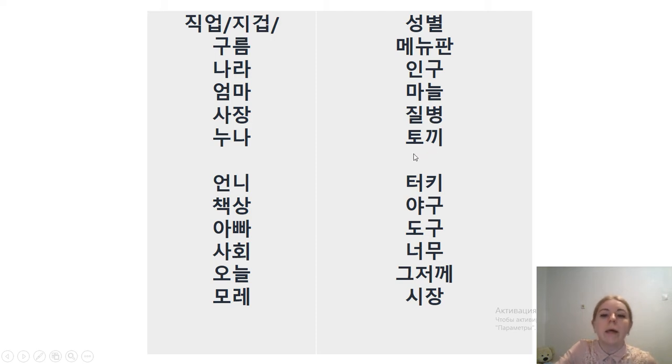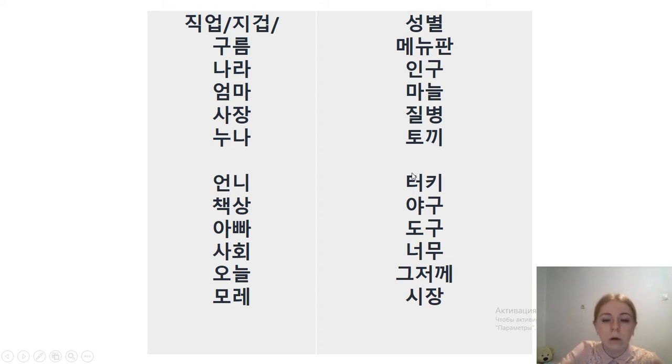질병. Here it's 터키, 터, t, breath. Don't forget about the breathing. So it's 터 and 끼 sound. It's short. 끼, 터키. Here it's almost the same, but we read it in another way.